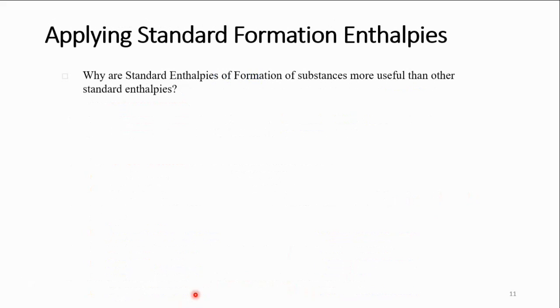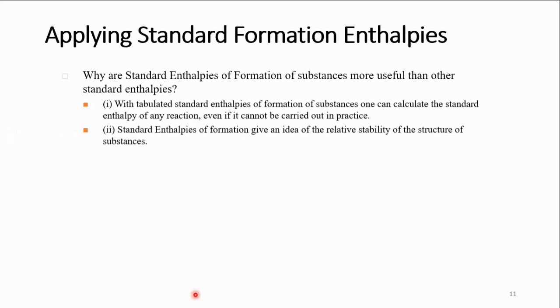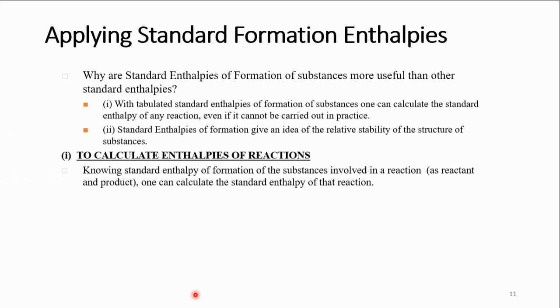Now, why are standard enthalpies of formation of substances more useful than other standard enthalpies? Well, with tabulated standard enthalpies of formation of substances, one can calculate the standard enthalpy of any reaction, even if it cannot be carried out in practice. Standard enthalpies of formation give an idea of the relative stability of the structure of substances. I'll show you an example shortly.